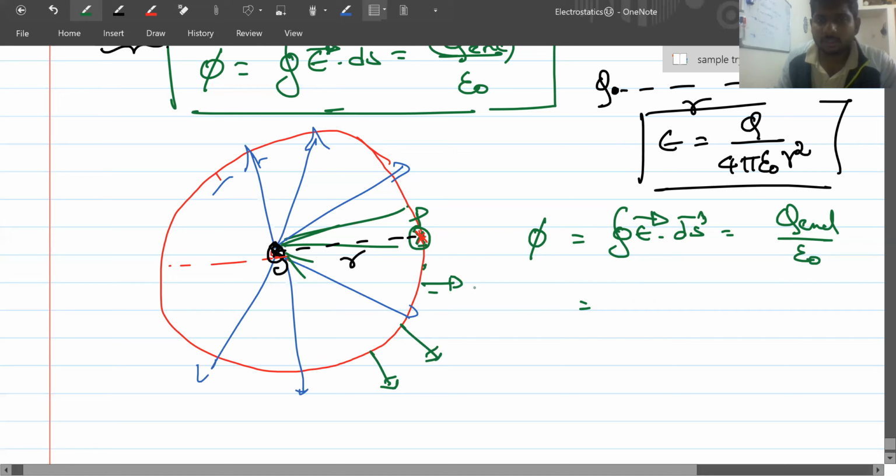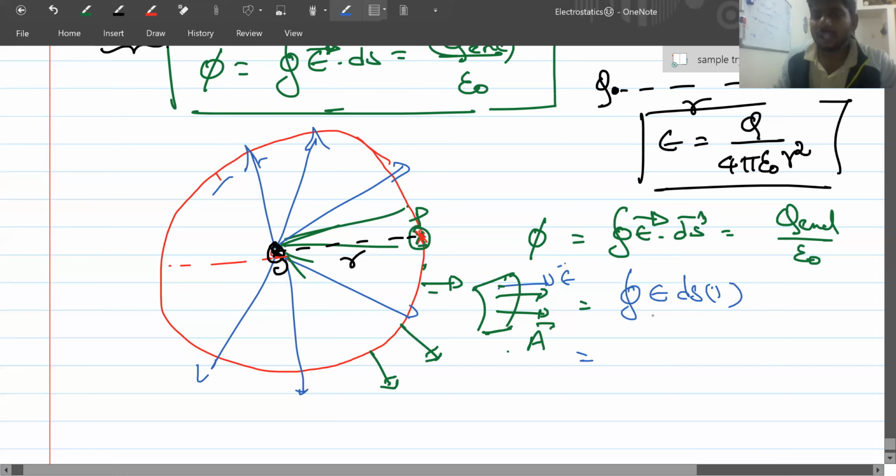If we take a small area on this sphere, the area will be a vector which is perpendicular to the surface. So the angle between this area vector and electric field vector is 0. So we can write it as integral E ds cos 0, that is 1.